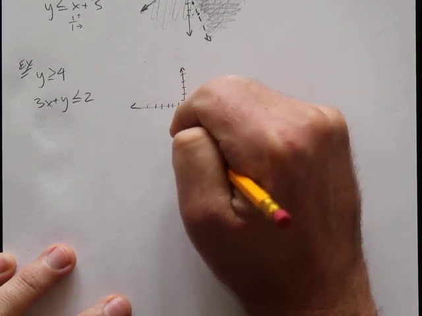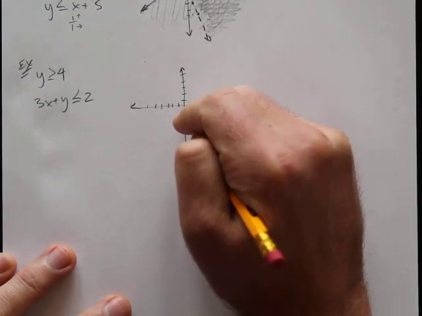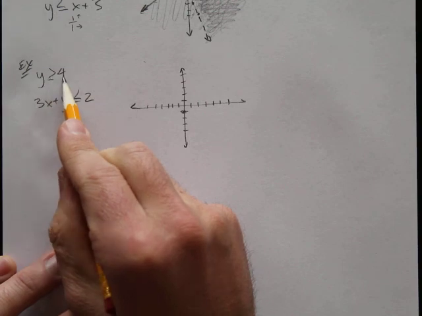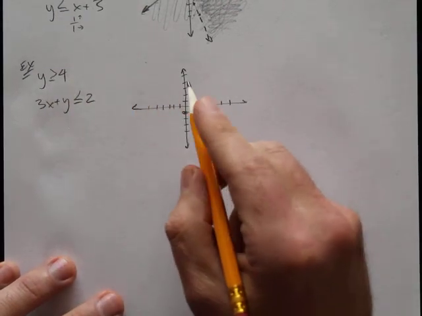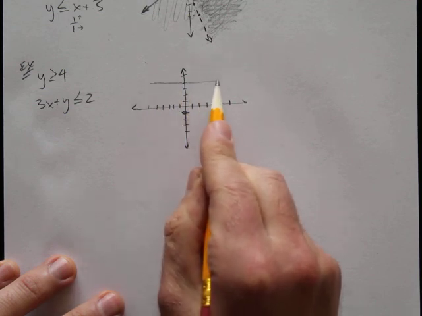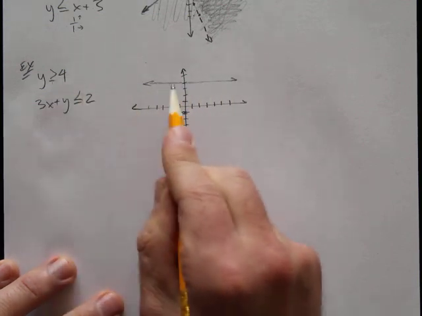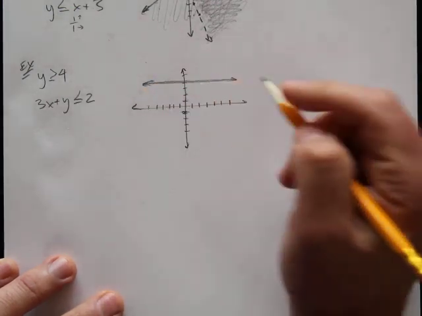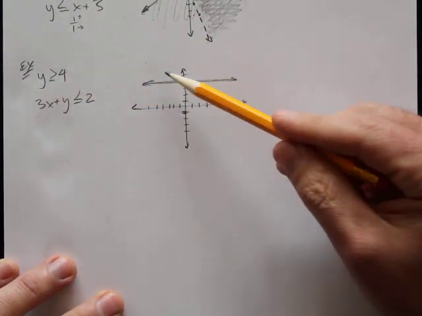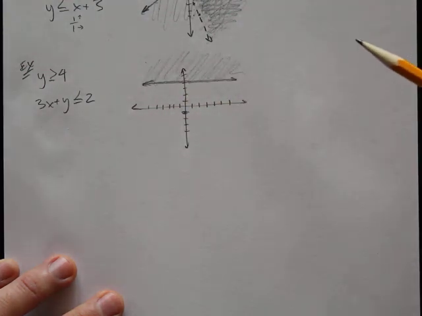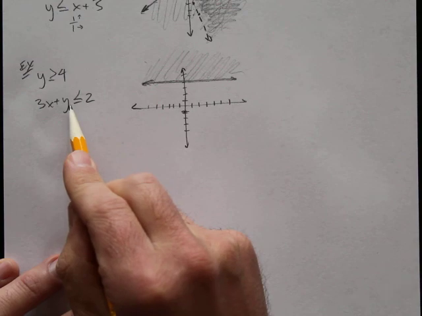Okay, so y is greater than or equal to 4. So let's find 4. 1, 2, 3, 4. We draw a line here at 4. It's or equals to, so that means the values on this line are included in my solution. Y is greater than 4, so I'm going to shade above it. Not too heavy-handedly. Now I need to graph this guy.